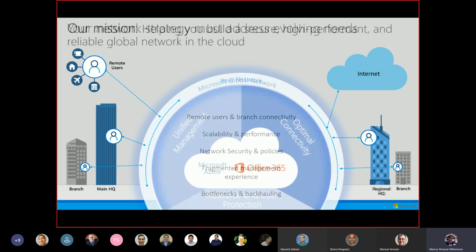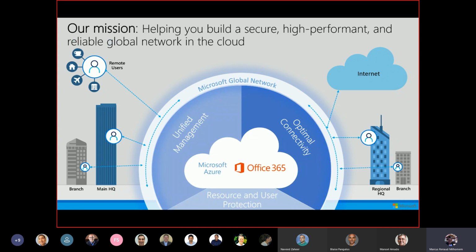So one thing that we thought was, hey, we already have a global network. There is something called Microsoft's global network, which interconnects every single Azure data center, and it is already laid down all across the globe. So Microsoft thought, why don't we leverage our global network and enable our customers to use it as their WAN, right?